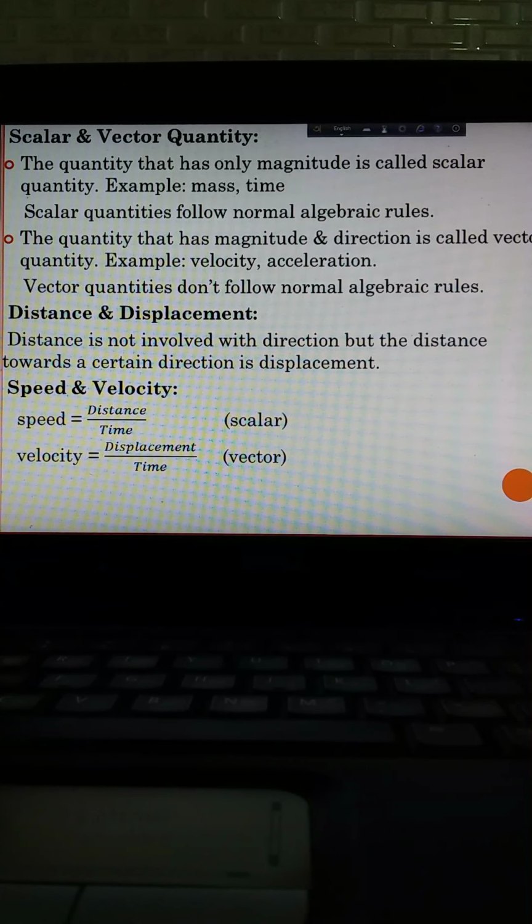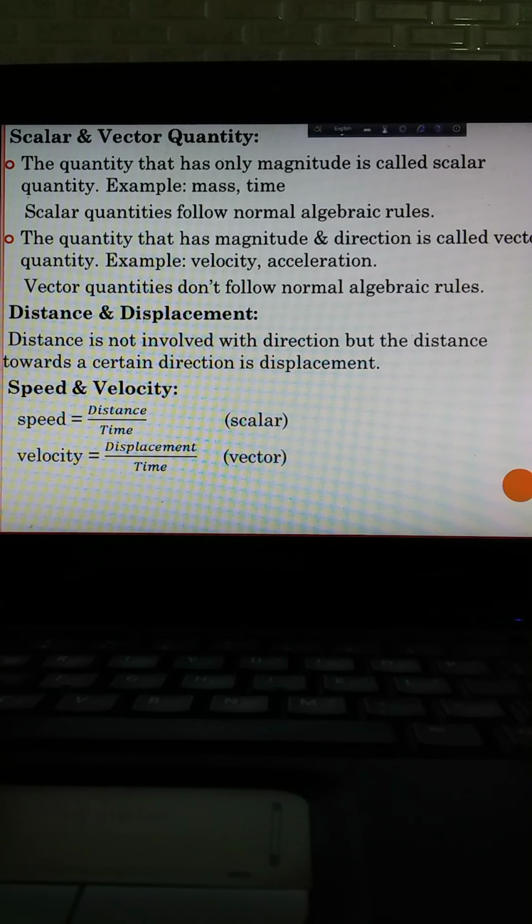But what is a vector quantity? The quantity that has magnitude and direction is called a vector quantity. That means to measure a vector quantity, we have to know its magnitude as well as its direction. For example, velocity, acceleration, force, etc. are examples of vector quantity.